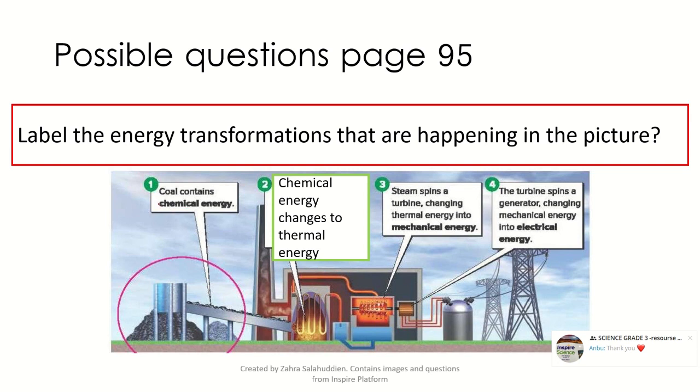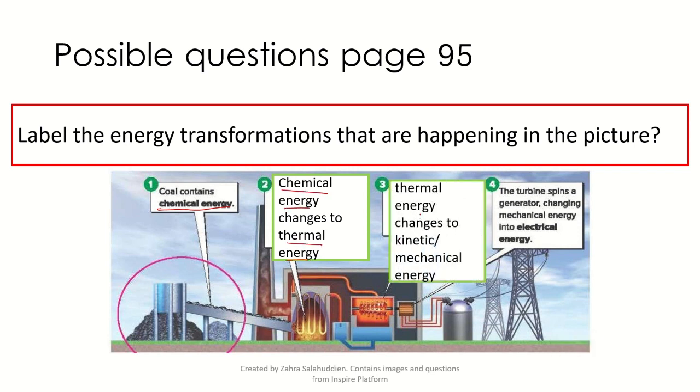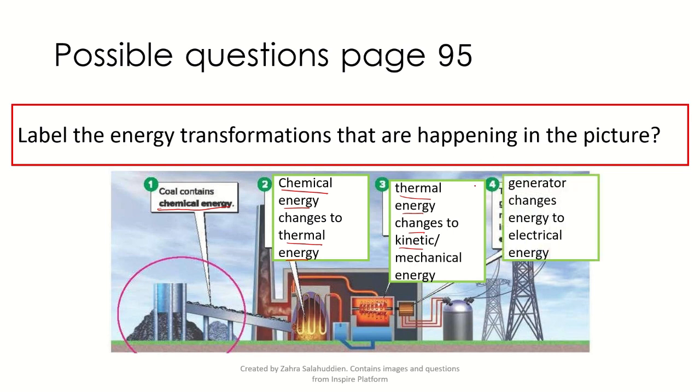Number one, we have chemical energy. At number two, chemical energy changes to thermal energy. At number three, the thermal energy changes to kinetic energy. If you cannot write the word mechanical, use the word kinetic, it's fine. At number four, the generator then changes the moving energy to electrical energy.